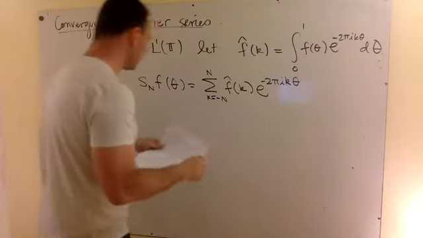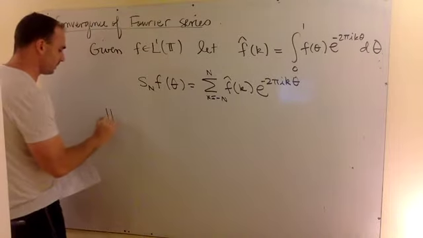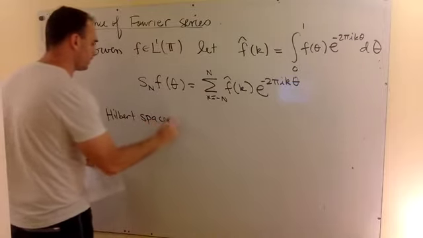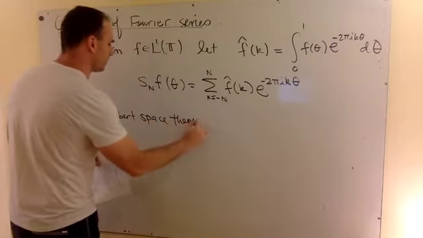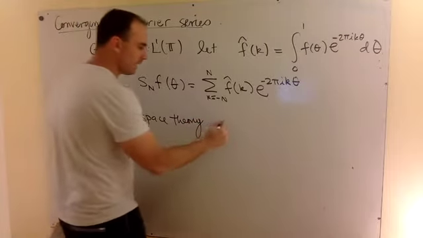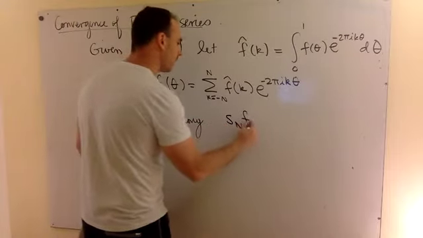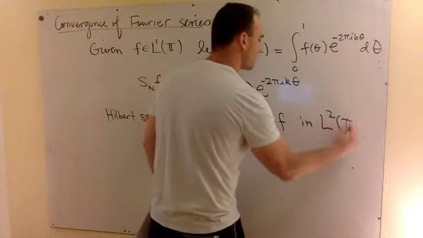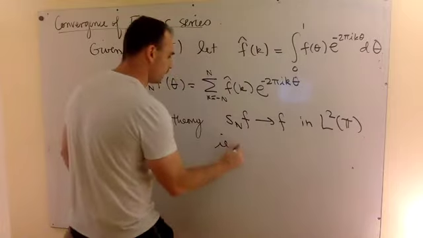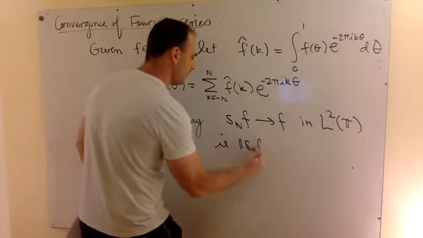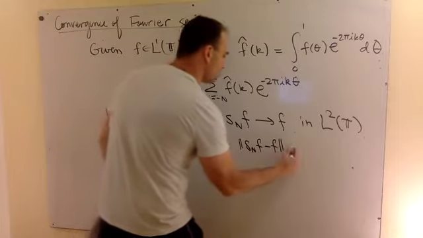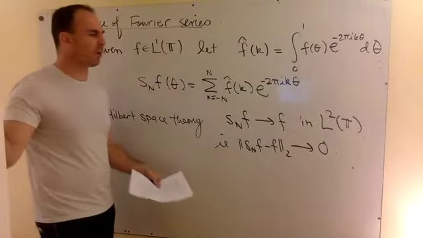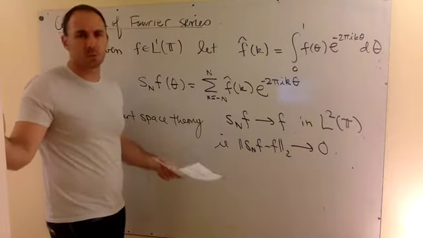And if we use our Hilbert space theory, then this thing converges to f in L2, i.e. the 2 norm of the difference goes to 0.